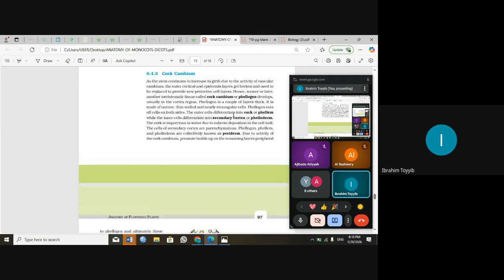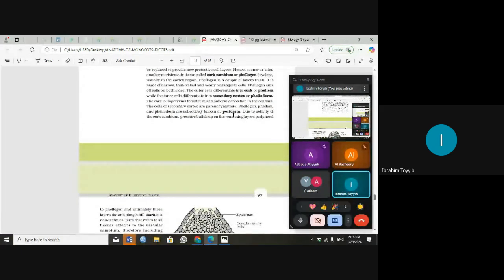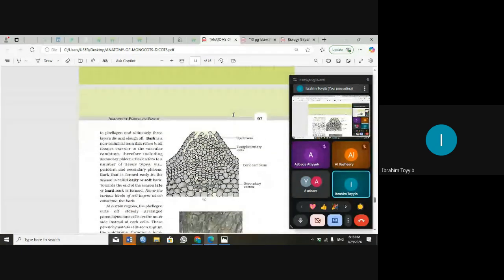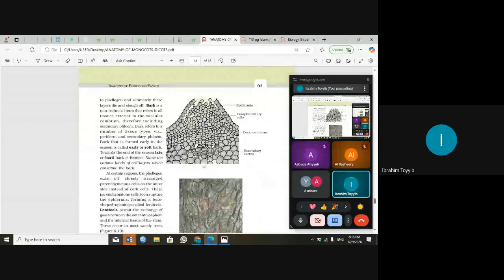JAMB can give you a diagram like this also. So this diagram is called lenticel. You know, this is where we look at the diagram of the stem structure. So this one is called lenticels.